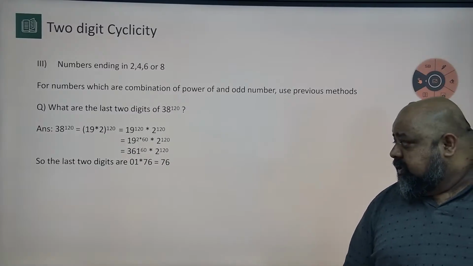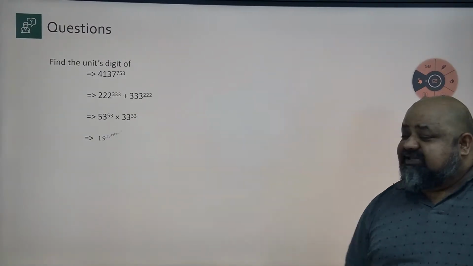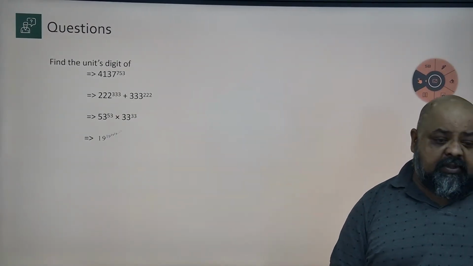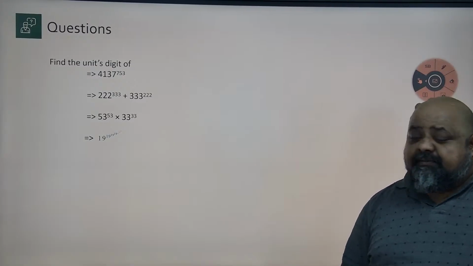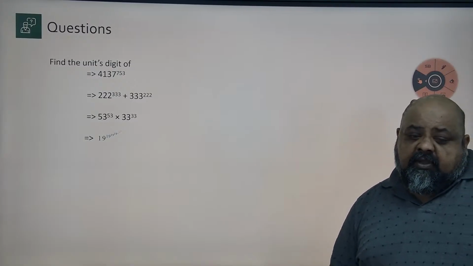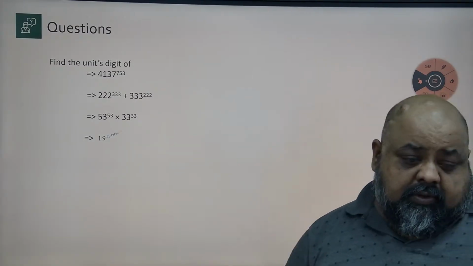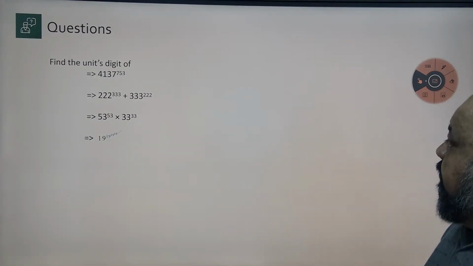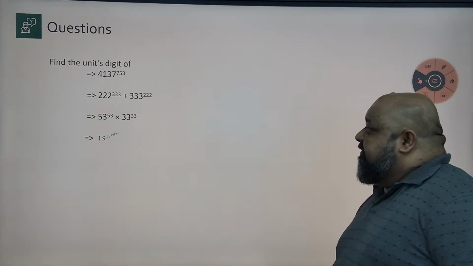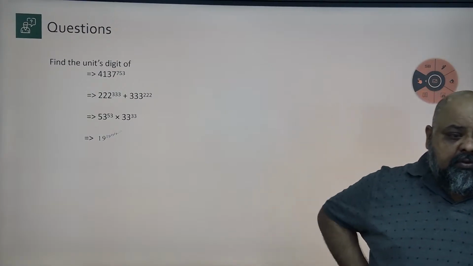Methods I know. So I have a few questions for you, if you will just quickly try them. 4137 raised to power 753. We are trying to find the unit digit. Quick answers.